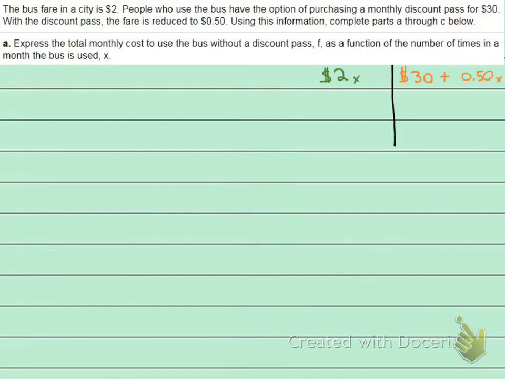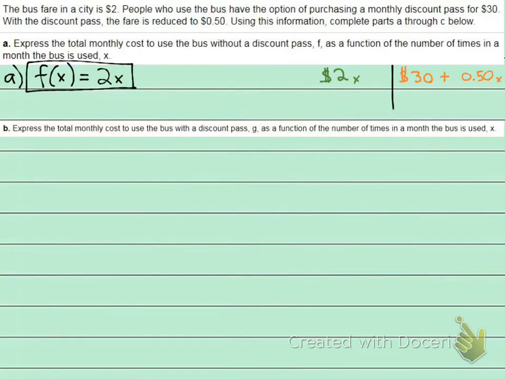Part A says express the first option, $2 per ride, as a function with respect to x. Every ride you take, x, you multiply that times 2, and we write that as 2x instead of x times 2. So this is your answer for A. If you don't buy the $30 pass, it's 2 times every ride. If we put in 10 rides here, it would be 2 times 10, which is $20.